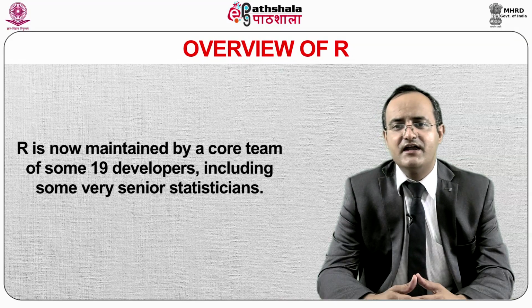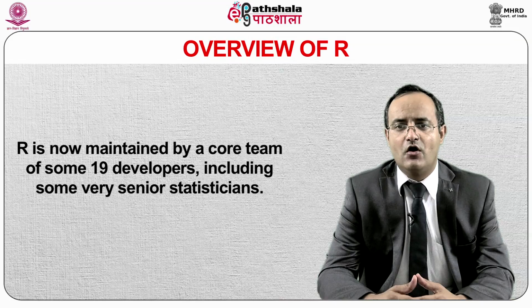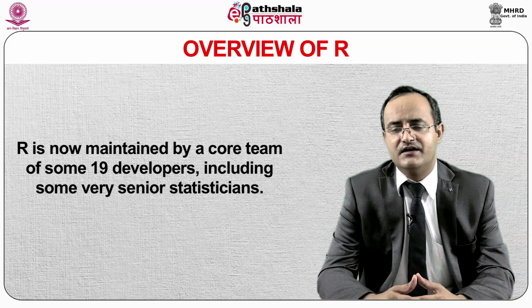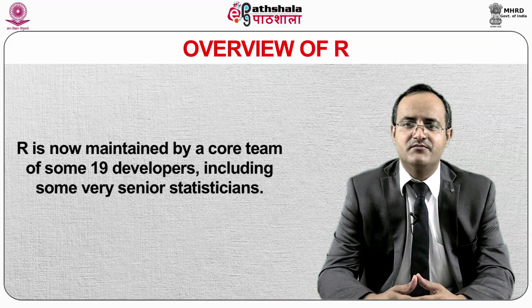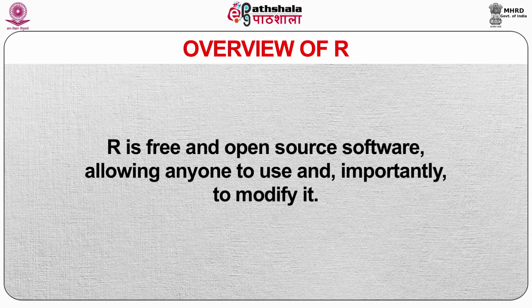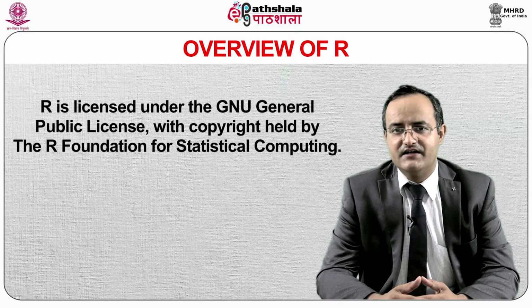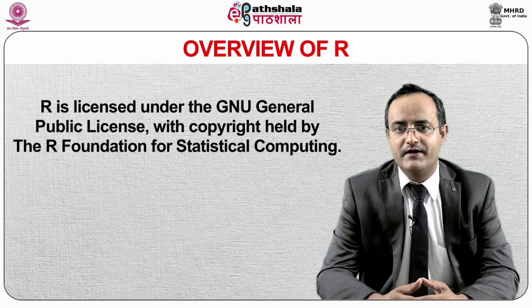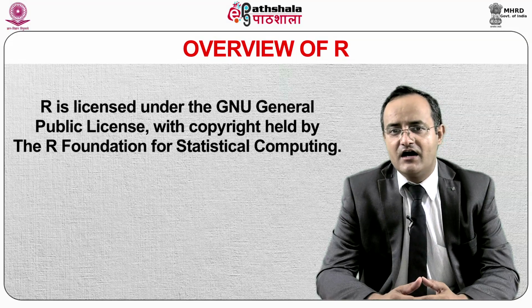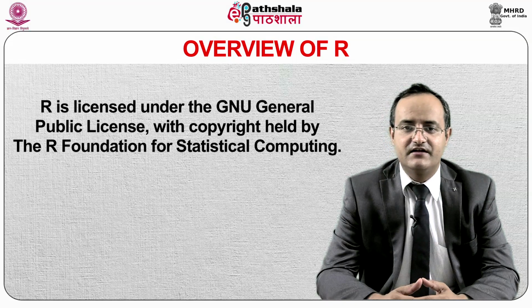R is now maintained by a core team of various developers, including some very senior statisticians. R is a free and open source software, allowing anyone to use and, importantly, to modify it. R is licensed under the GNU General Public License with copyrights held by the R Foundation for Statistical Computing.